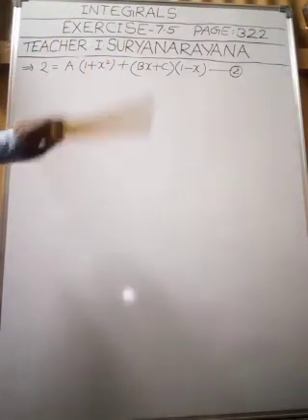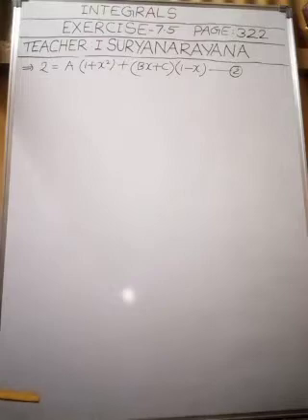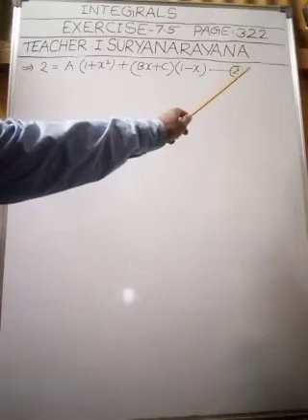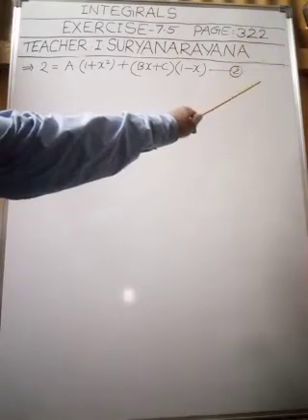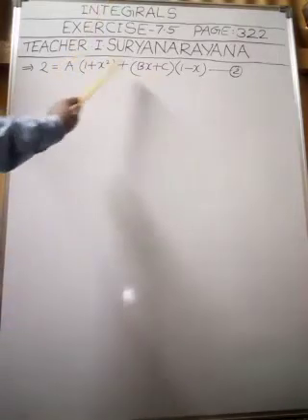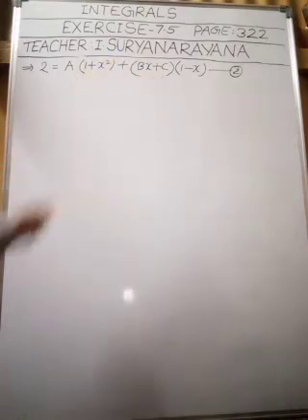Now we have to find the b and c values. To find the values of b and c, further non-repeated linear factors are not there in the denominator. Only one non-repeated linear factor is given. With the help of the non-repeated linear factor, we wrote the equation in rough work. Do you remember that part? We found the value of x and substituted it in the equation, then we got a value. But what should we do next?